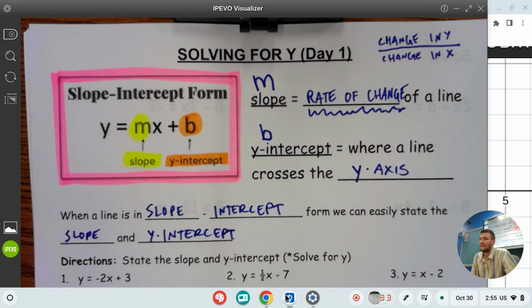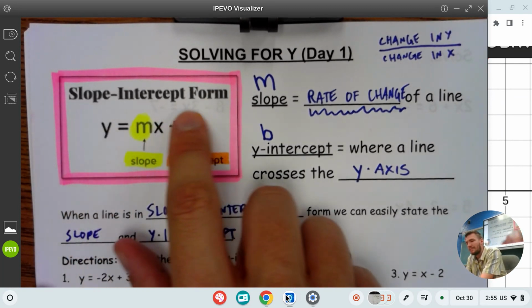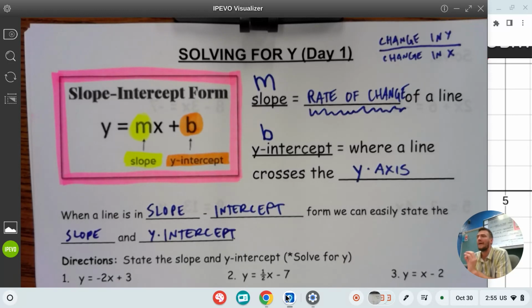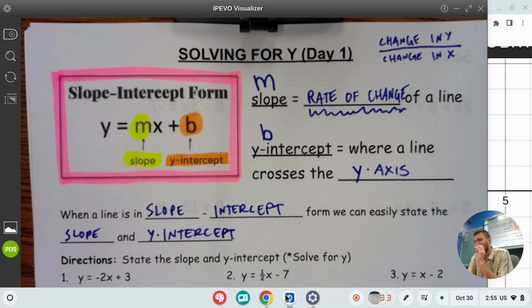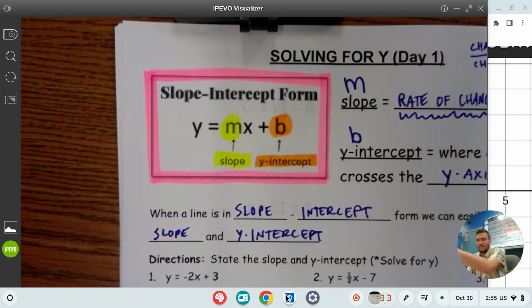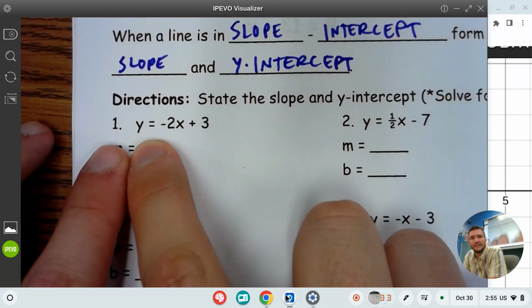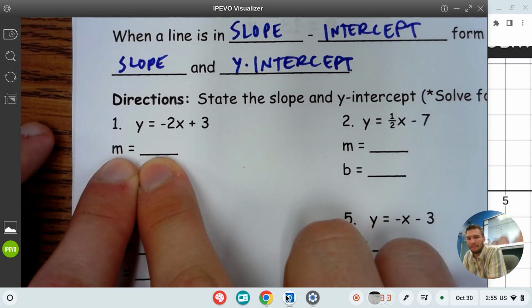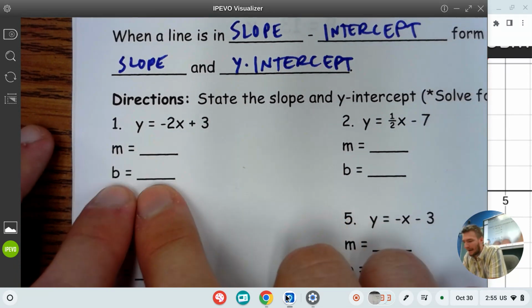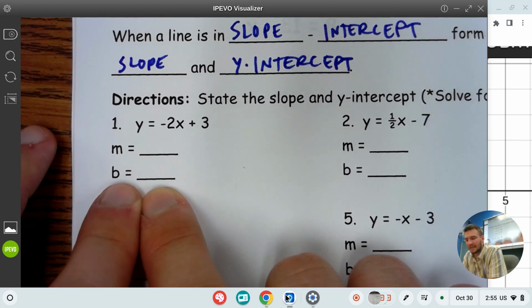The reality is that slope-intercept form will always be an easy question. If you have slope-intercept form, you know it's going to be easy. For example, for number 1, all we need to do is figure out what is the m, which stands for slope, and what is the b, which stands for y-intercept.